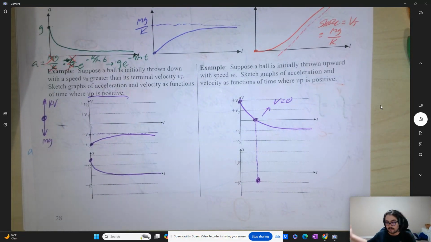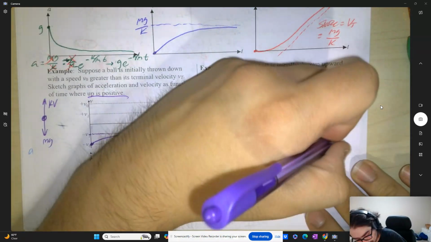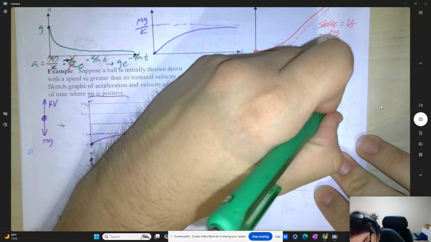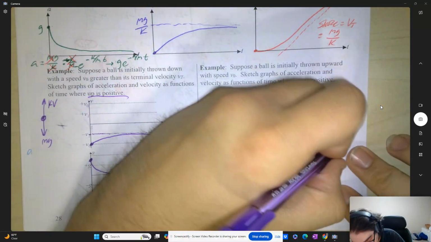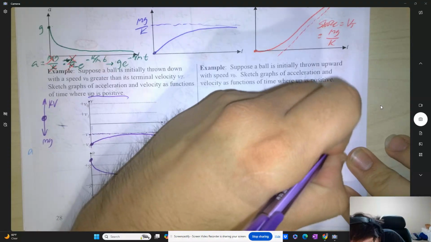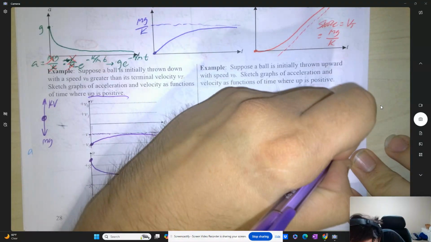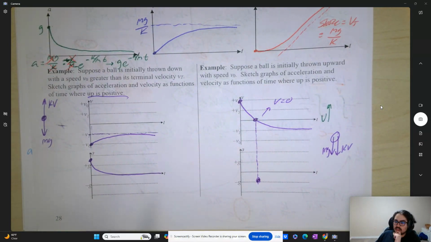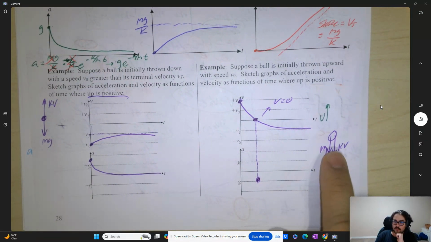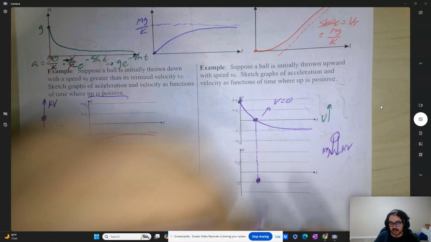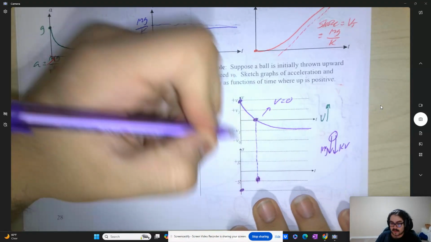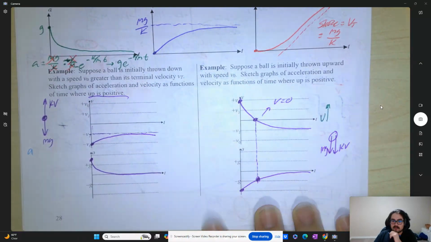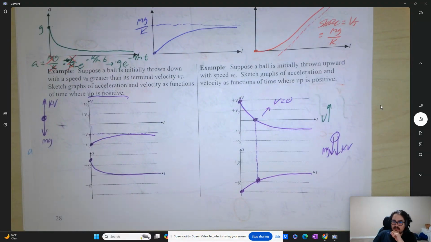When you throw it up and the velocity is directed up, not only do you have mg going down, but you also have the drag force kv going down. So obviously that's going to give you an acceleration greater than g, because you have more force going downwards as it's going up. So this should be more than negative g, and then it should asymptotically approach zero from there. Do you see how that works?